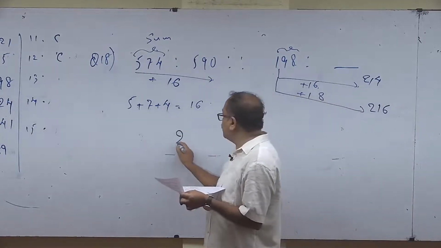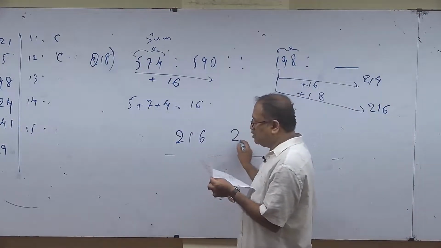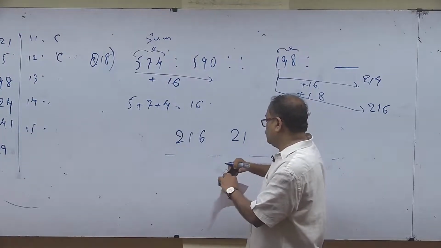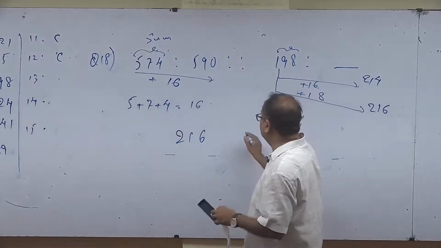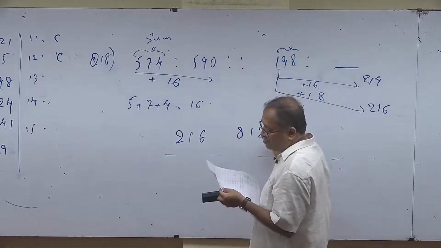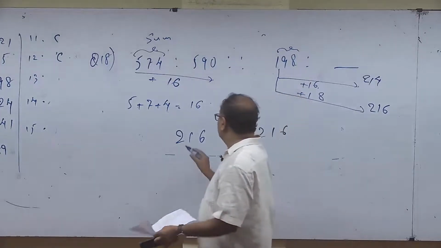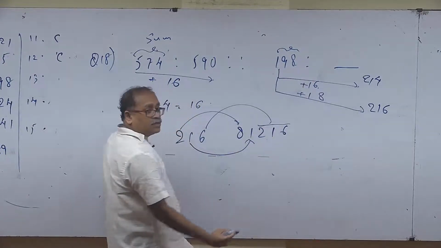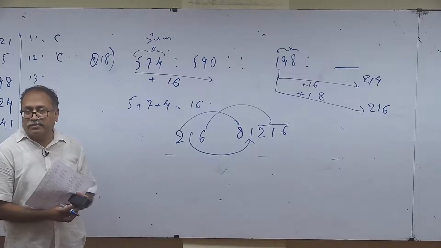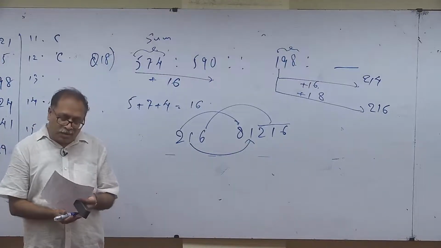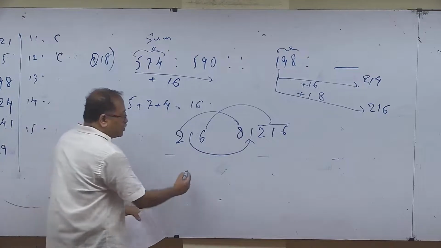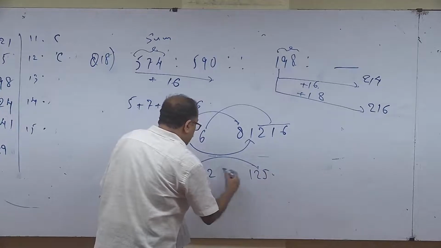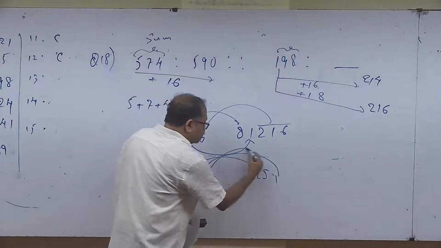If you are noticing this part, 8, 1, 216. So 2 cube is 8, 1 cube is 1 and again 6 cube is 216. The same thing is applied for 512: 5 cube is 125, 1 cube is 1 and 2 cube is 8.